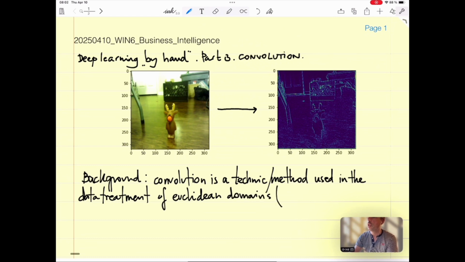So in general, examples could be images or videos and so on.